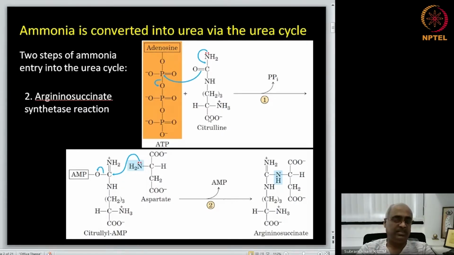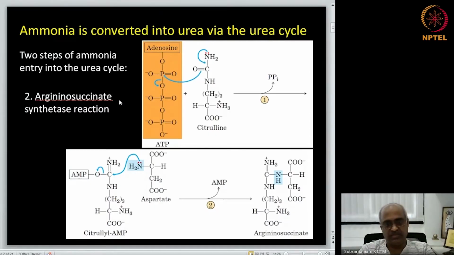Here we are seeing that reaction as an independent reaction. It is activated by combining with AMP, adenosine monophosphate, through a reaction catalyzed by argininosuccinate synthetase.